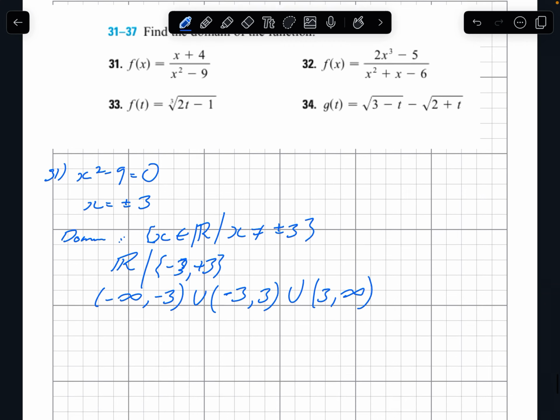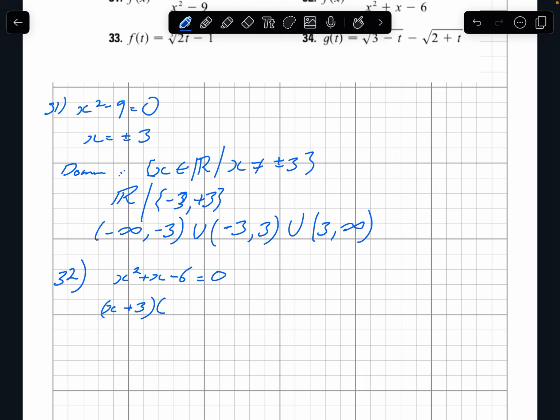Okay, question 32, similar. Right, we're interested in when the denominator is 0. x squared plus x minus 6 equals 0. We want to factorize that. Factorize: x plus 3, x minus 2.